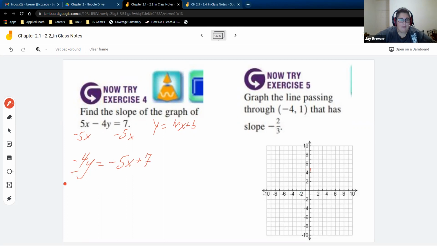We're going to divide by negative 4. So your line would be y equals 5/4 x minus 7/4. But your slope in general for this problem is just 5/4.